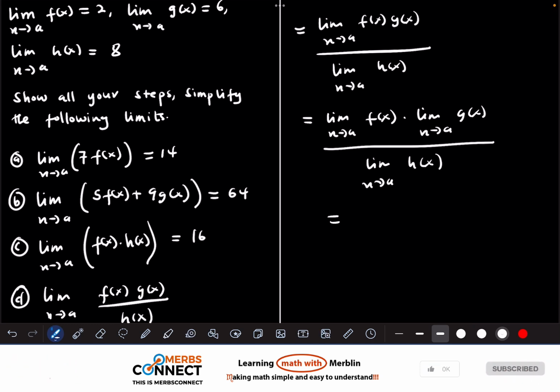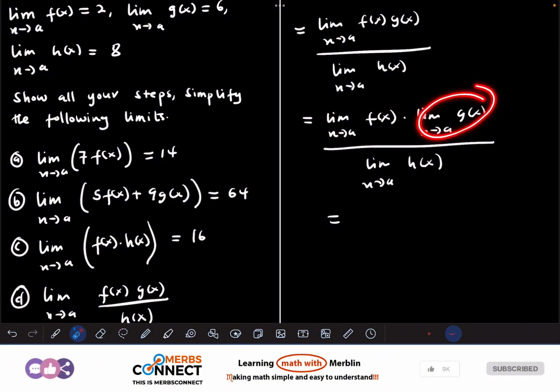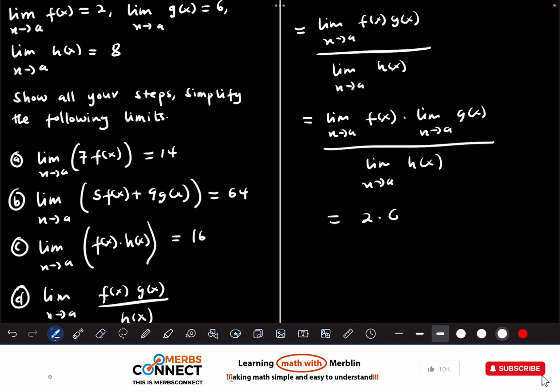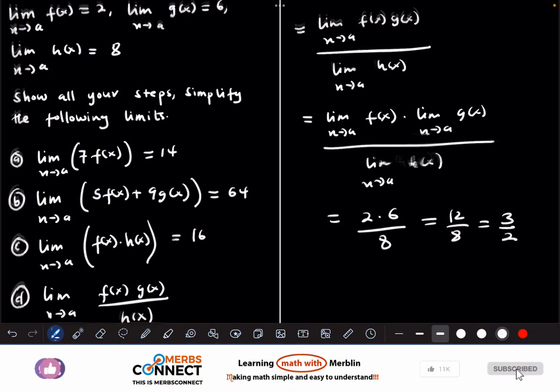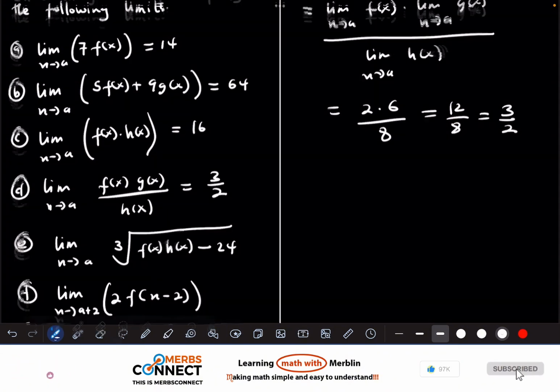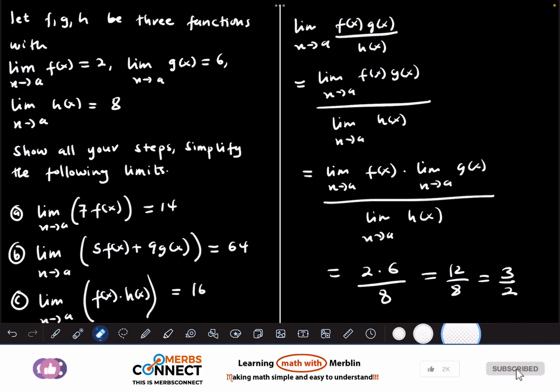So from the question, this is equal to 2 and this is equal to 6 and this is equal to 8. So we are going to have 2 times 6 divided by 8, which is 12 over 8, and 12 over 8 is the same as 3 over 2. So this is going to give us 3 over 2, applying the properties, right?